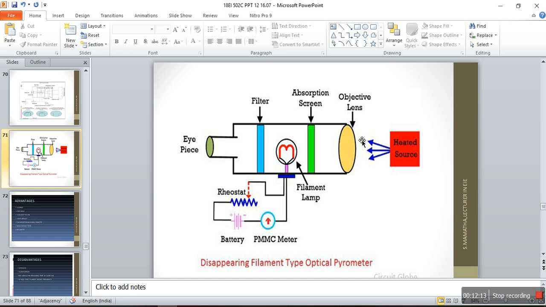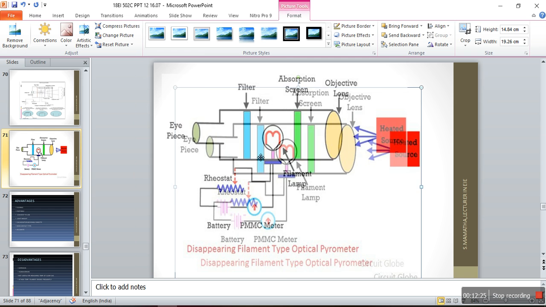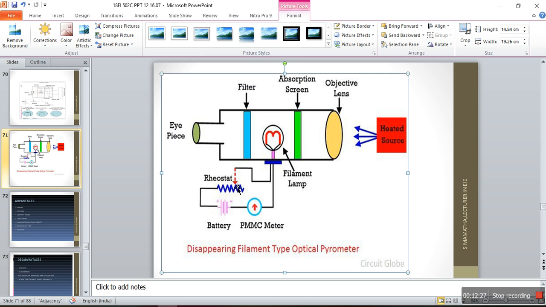Next, the objective lens will focus the total heat onto this particular screen. Next, the absorption screen and the filter. Next, the eyepiece. Here we will have a rheostat, a PMMC meter, and a battery. This will allow some current to flow to the filament.